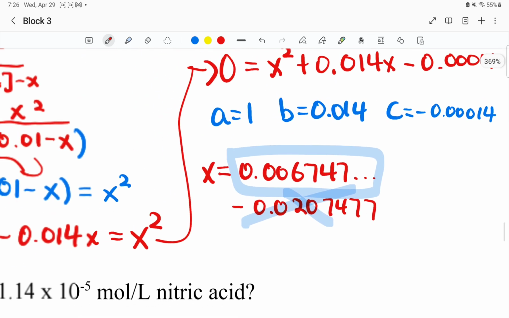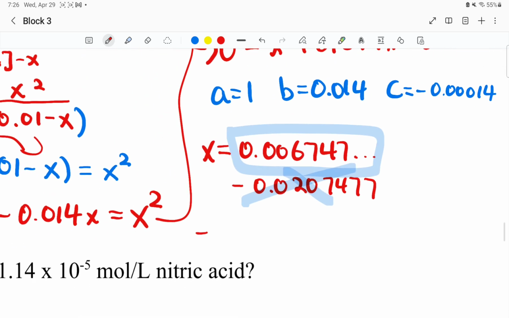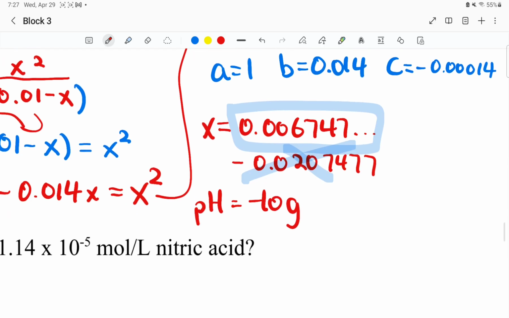All right, so what that means is we're going to take the negative log to find the pH. We're going to take the negative log of 0.006747, which gives you a final answer of, hold on.